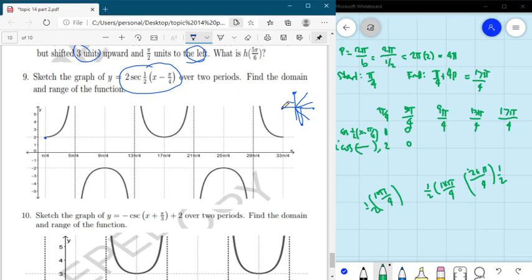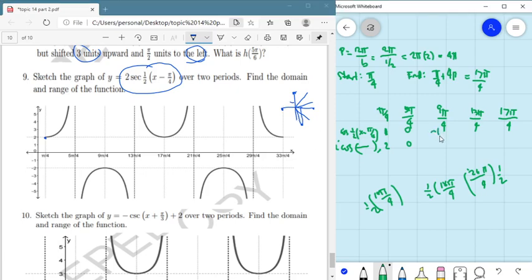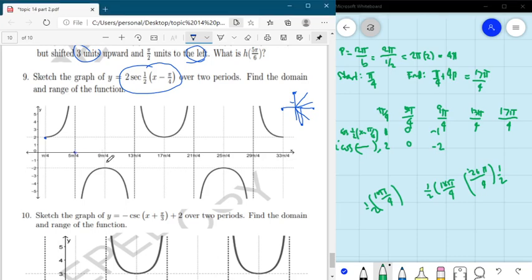Here at pi, the cosine is negative 1, so negative 1 times 2 is negative 2. So at 9 pi over 4 it is negative 2, while 5 pi over 4 is 0.